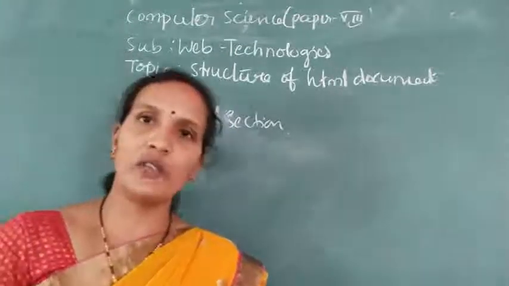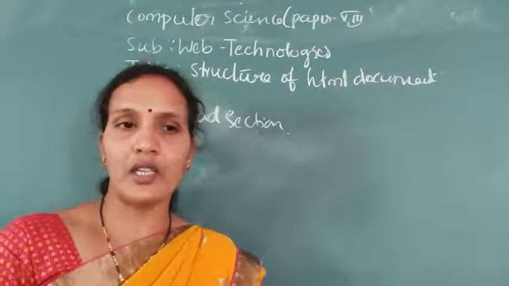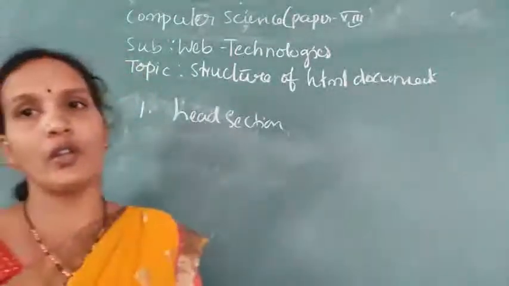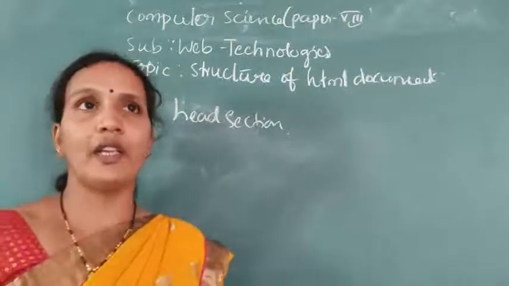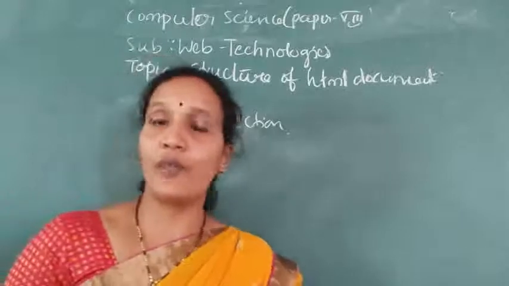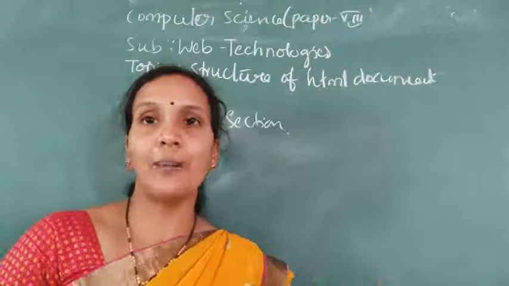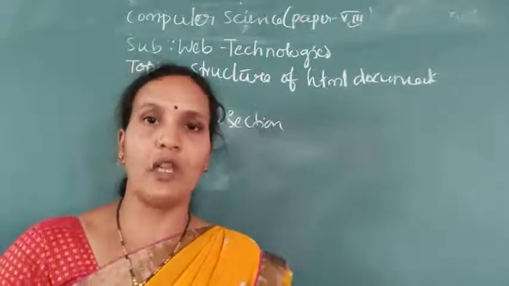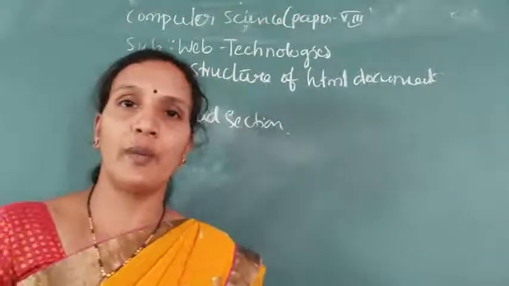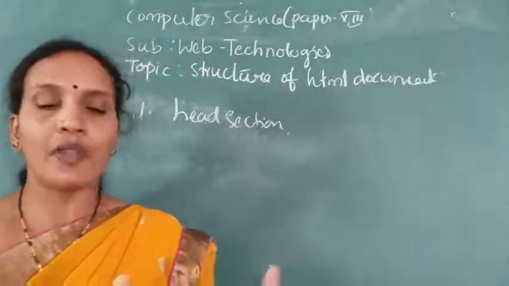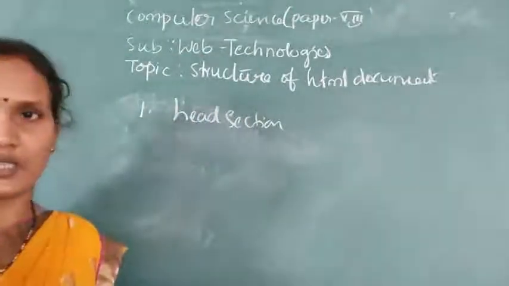This section is the header section of the document, and it contains information like what is the name of the document, who is the author of the document. Means this section contains complete information about your document, when it is created, what is the title, and who is the author.